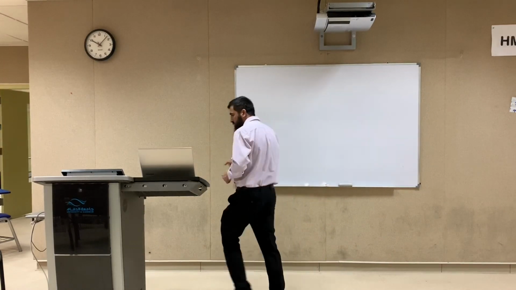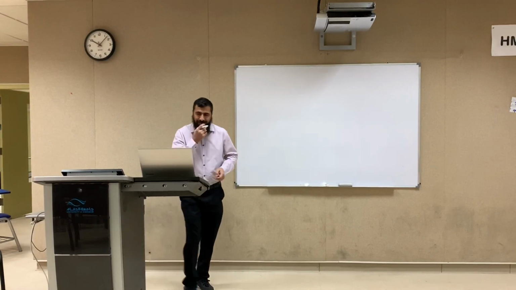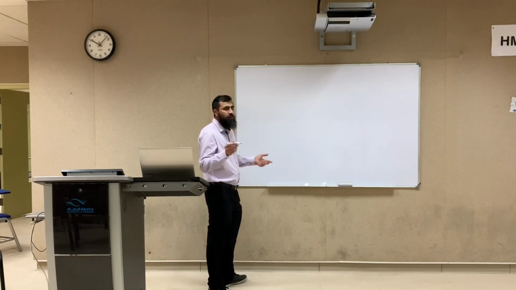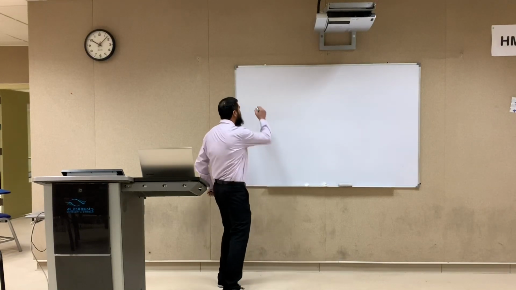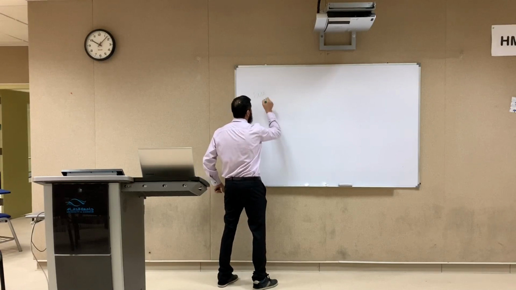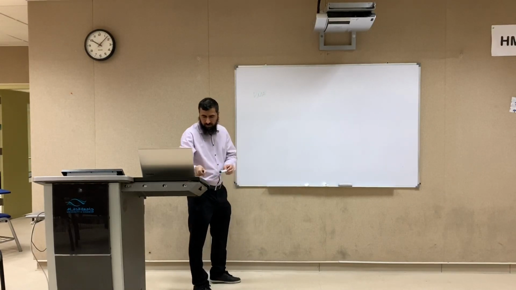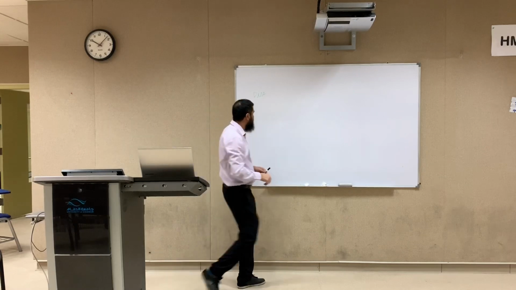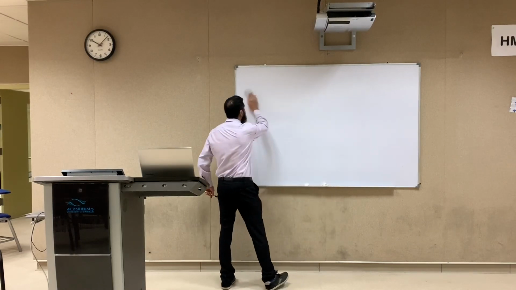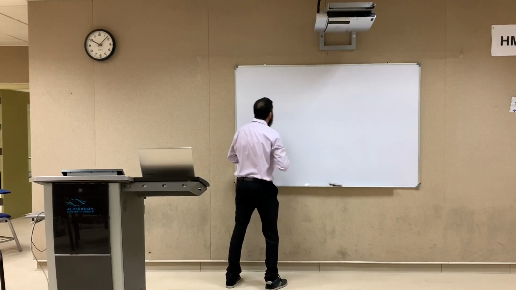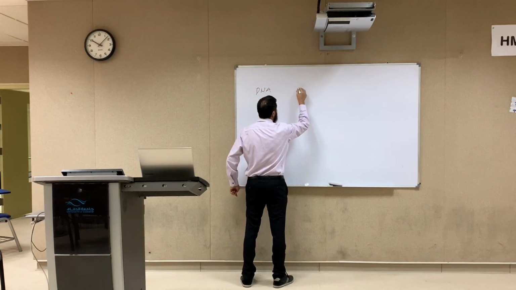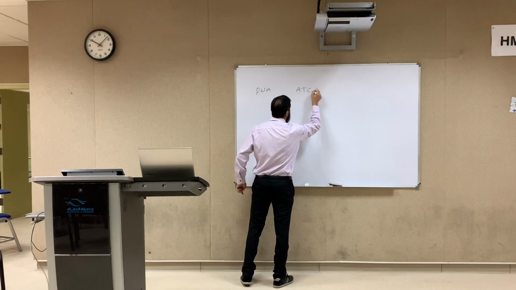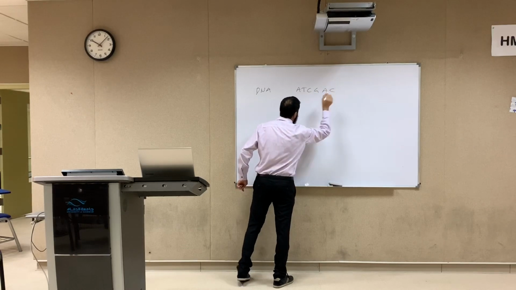So if we have a look, I'll give you an example of how the genetic code works, okay? So if we have DNA, let's use another pen to make it clear. So let's say A, T, C, G, A, C, okay?